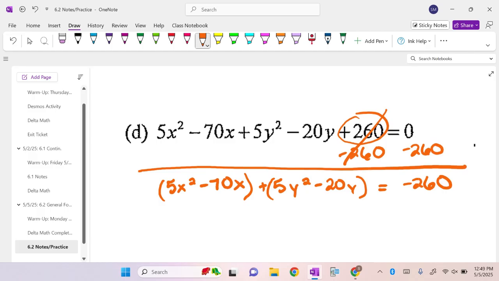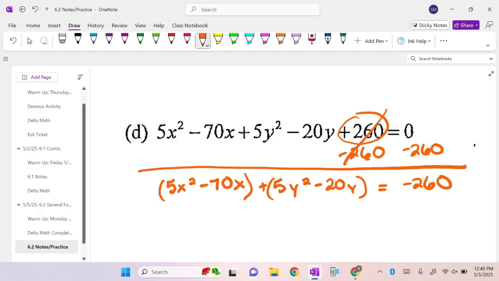Before I can start completing the square, I have to get it so that the squared variable has a 1 in front of it. And the way I can do that is by factoring out a number from each set of parentheses, meaning that I can divide both terms in the parentheses by the same number, but it'll make this x squared have a 1 in front of it and this y squared have a 1 in front of it.